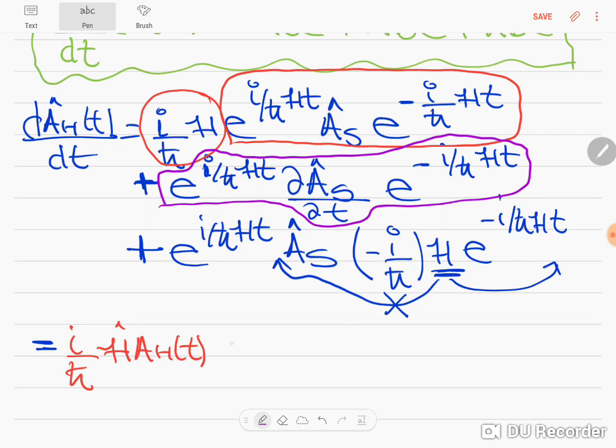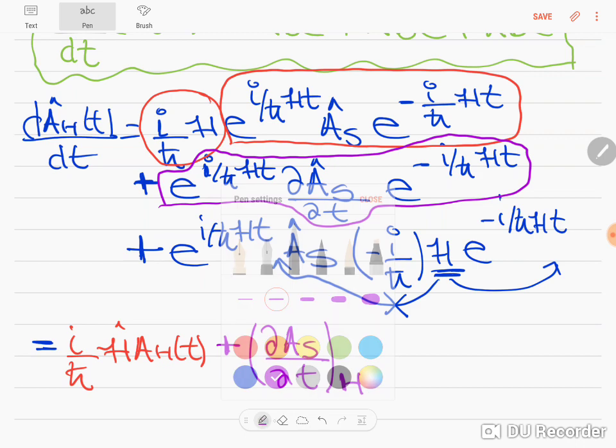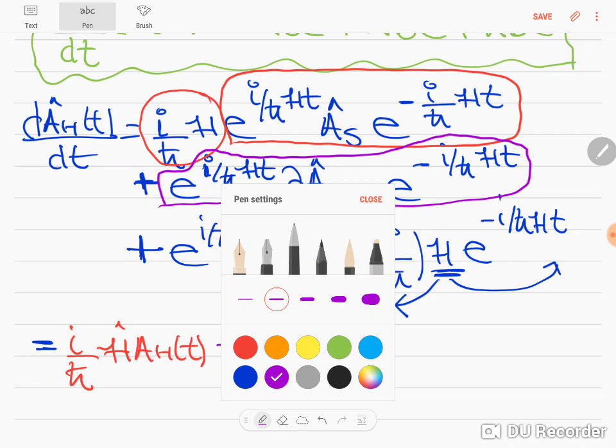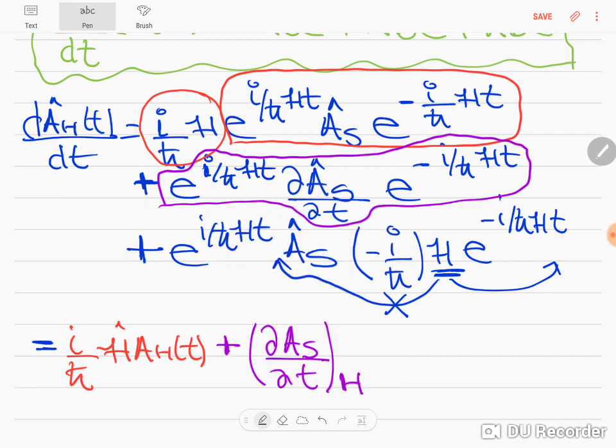So what we will do is just write that in the Heisenberg representation: the derivative of A_S with respect to t, but in the Heisenberg representation. And the third line, which is quite interesting, let's check it out a little bit. Let's write it in black.